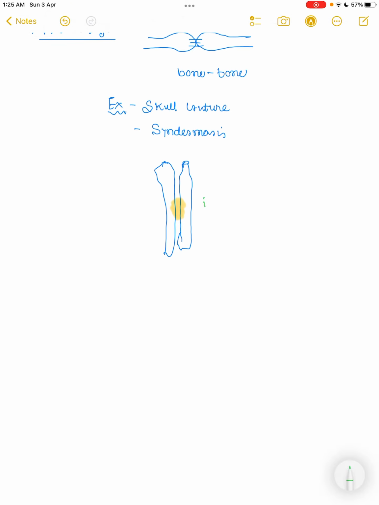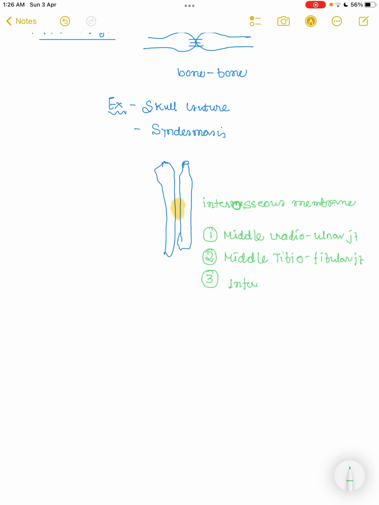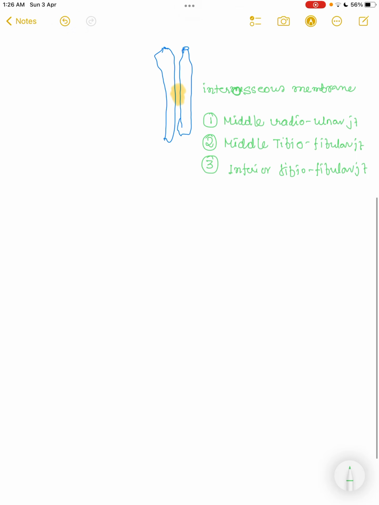This is the interosseous membrane, and the examples are firstly the middle radio-ulnar joint, middle tibio-fibular joint, and the inferior tibio-fibular joint. Okay, so these are the syndesmosis.